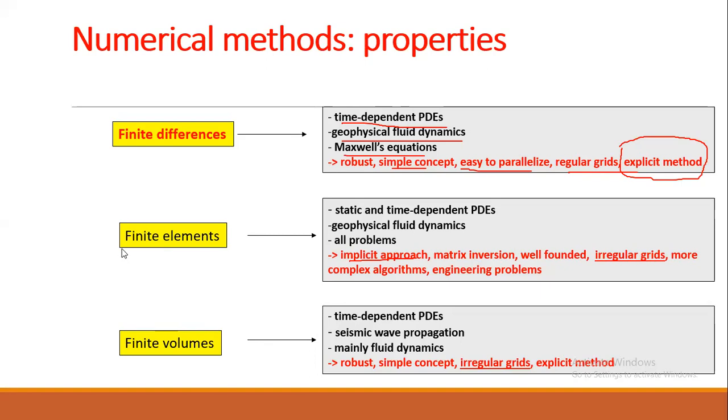Now, finite elements. Finite element is also a discretization method: finite difference, finite element, and finite volume. Finite difference is an explicit method and can be used for regular grids. Finite element is an implicit approach: matrix inversion, well-founded, irregular grid, and a more complex algorithm. Finite element is mostly used for engineering problems.